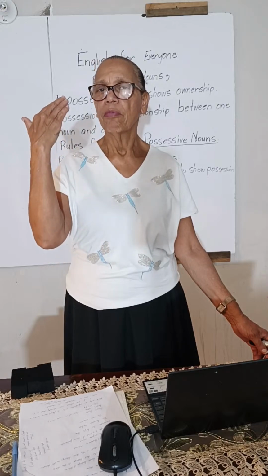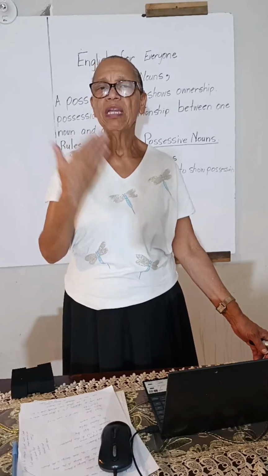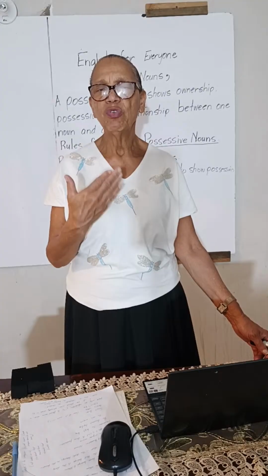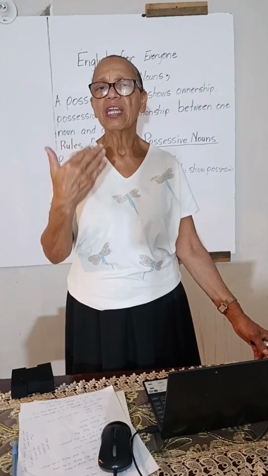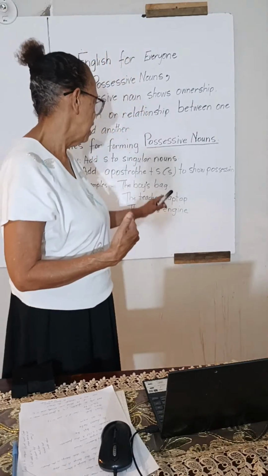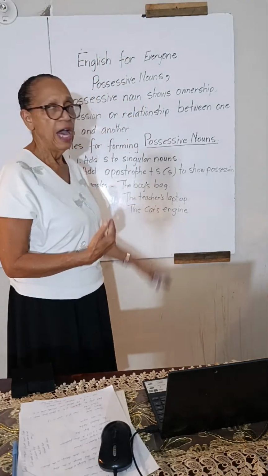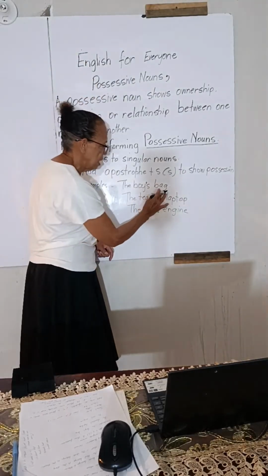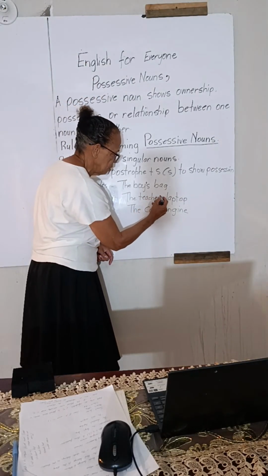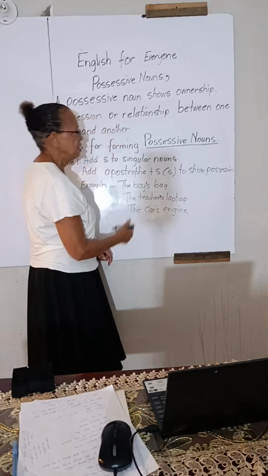The girl's book. So it means one. Whenever you see the apostrophe on the inside, the S comes after it, so the apostrophe comes between the R and the S. Teacher's.